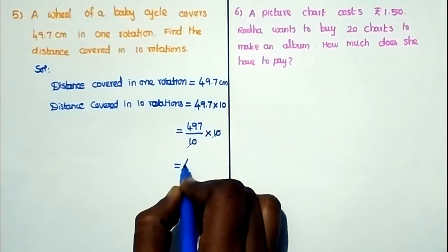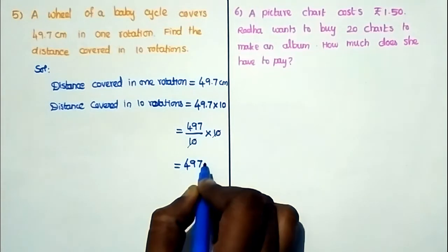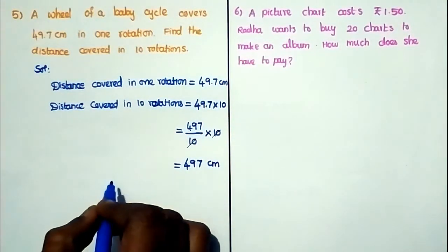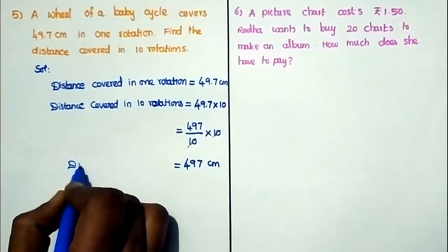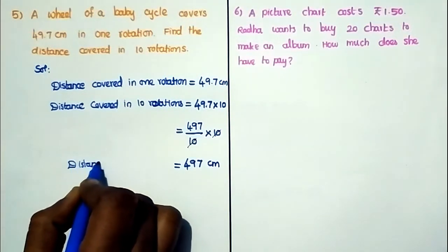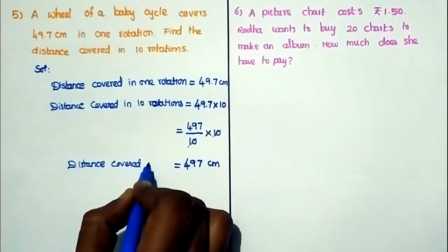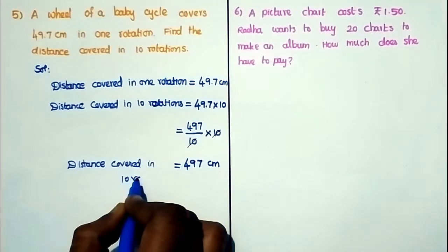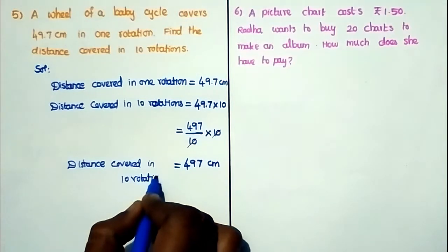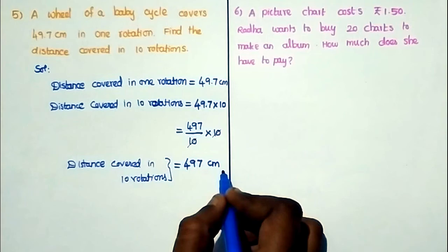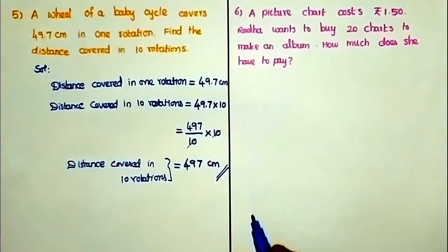Now how much? 497 centimeter. So distance covered in 10 rotations equal to 497 centimeter. That is the answer.